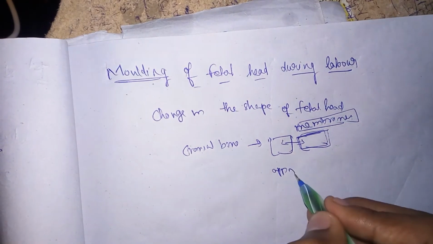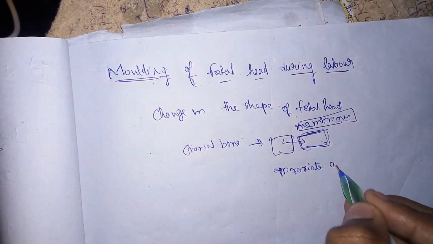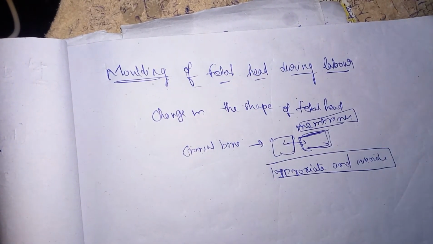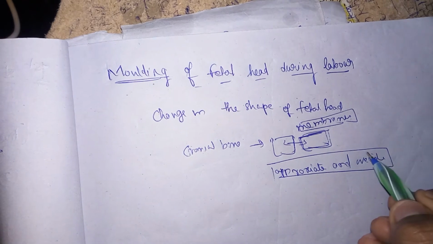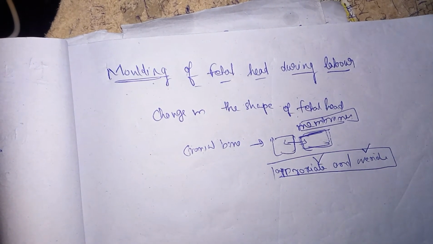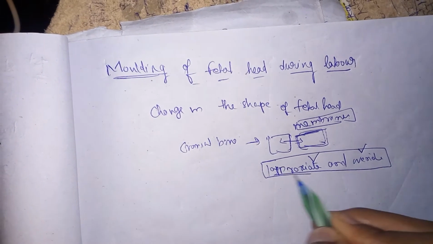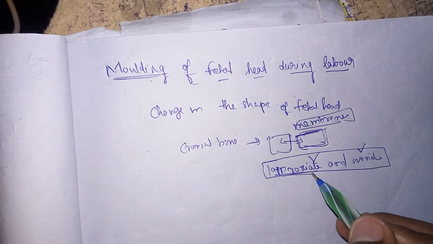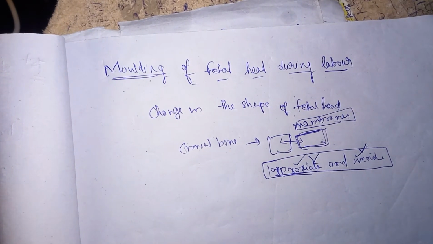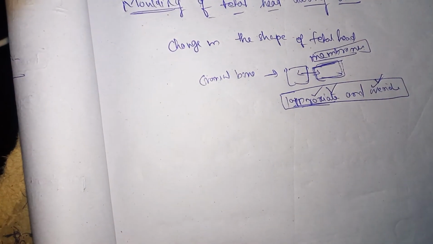Okay, they can approximate and override on each other. This approximation and overriding will take place when the birth canal is resistant to passage of fetal head. So due to this, the change in fetal head takes place and the passage through the birth canal will happen smoothly, right? So there is approximation and overriding of fetal cranial bones. This is what is called molding.